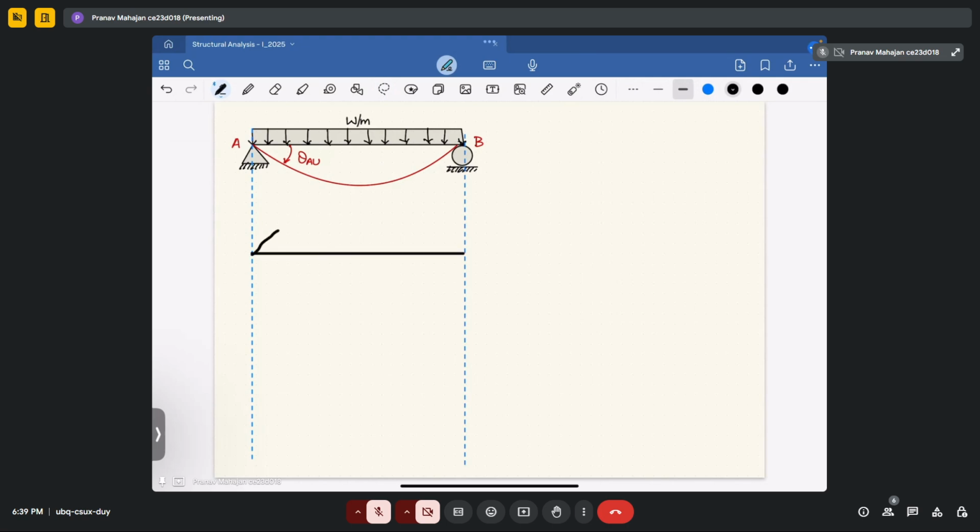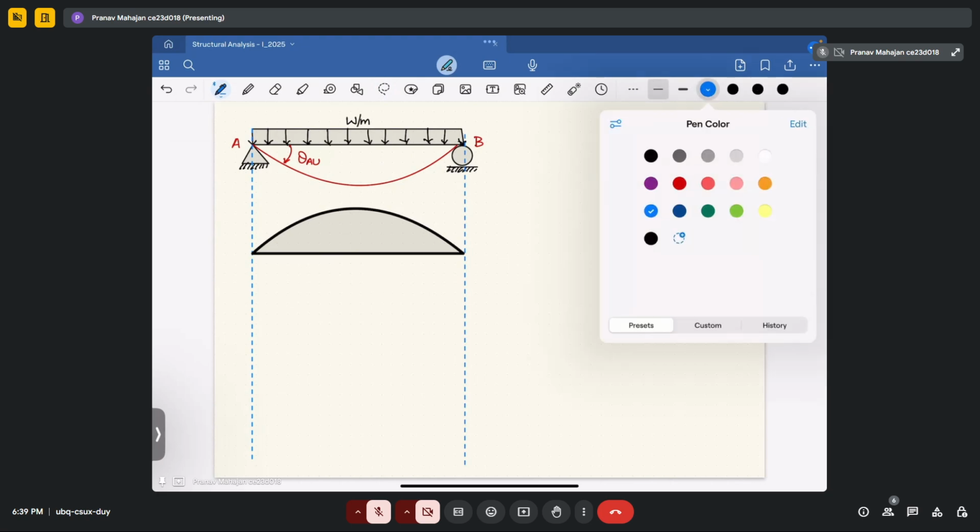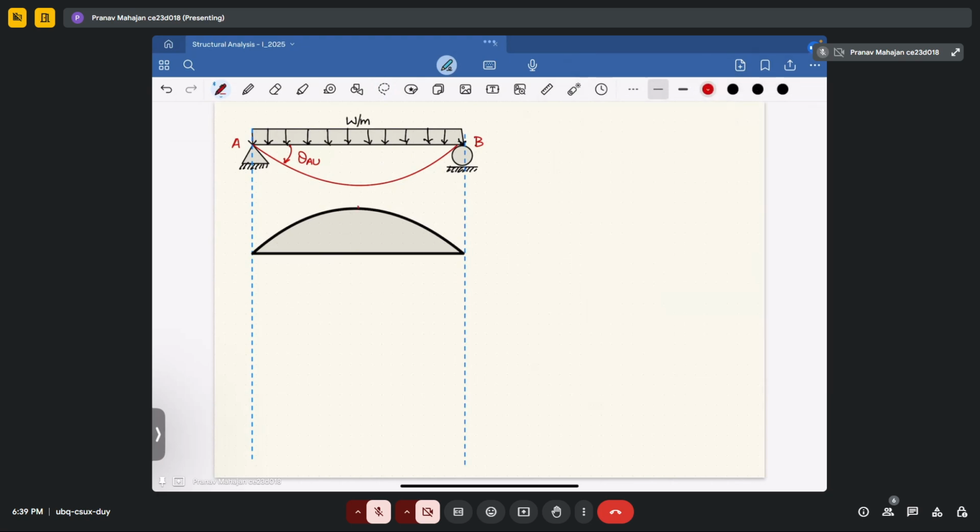It will look like a parabola. This we already have covered, that why parabola will come simply for uniformly distributed load, and why isosceles triangle is there for concentrated load. So in this, the maximum value will be WL square upon 8. So this is your bending moment diagram.